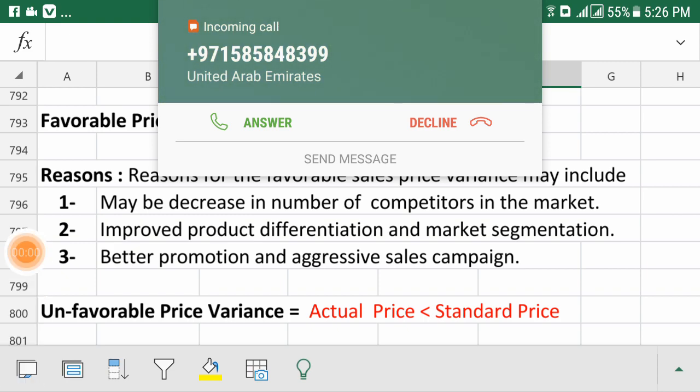What could be the reason? Sorry for the inconvenience. What would be the favorable reasons for the selling price variance?